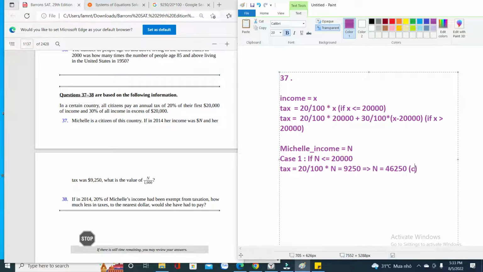So contradiction. This means n has to be bigger than 20,000.